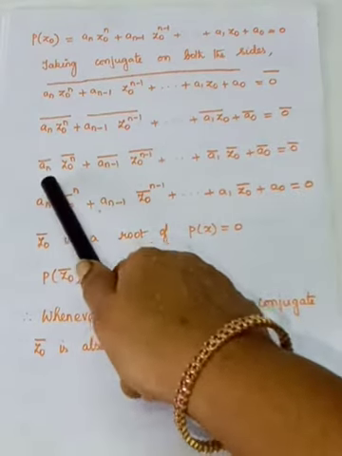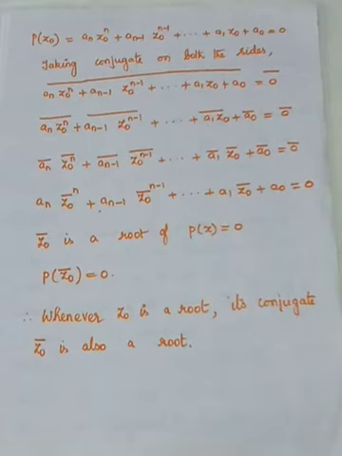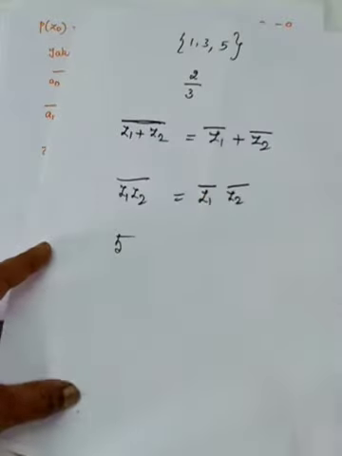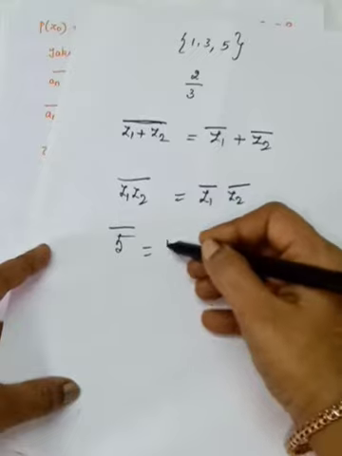I have said an minus 1, a1, a naught are all real numbers, so real coefficients. You see that if we have a real number, say 5, what is 5 bar? It is 5.